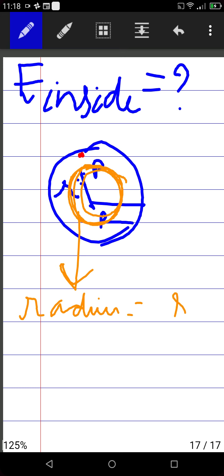We are finding the electric field on this surface, because only point P is present on the surface. Charge is distributed through the whole volume, so charge is there here, even inside.